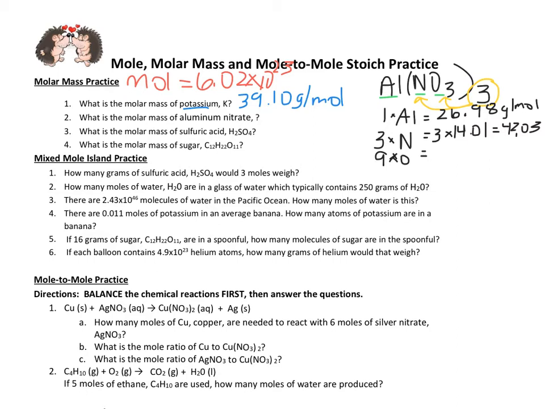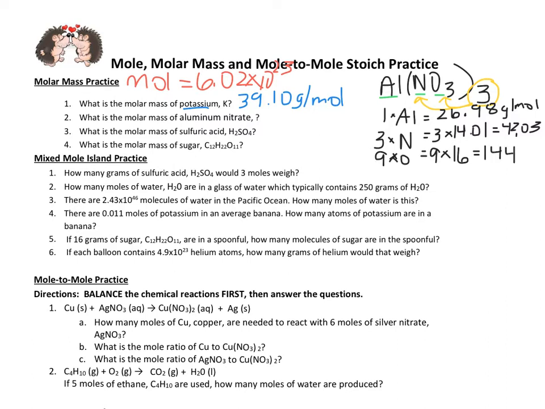And then we have 9 atoms of oxygen. Look for oxygen, number 8. You're going to see its mass is 16.00. So 9 times 16 is 144.